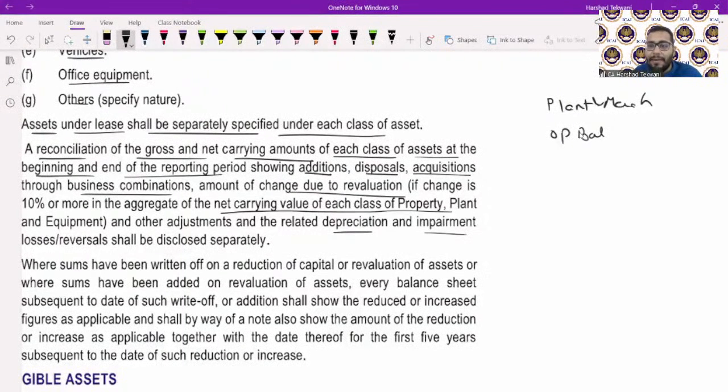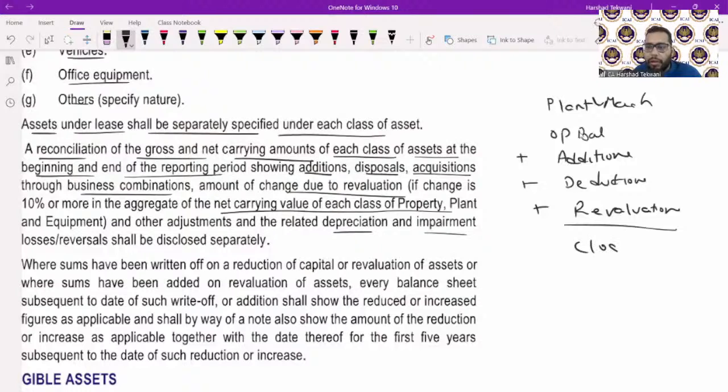Now, opening balance plus additions, then deductions, then if there are revaluations, you will get the closing balance. Now this will be the gross carrying value.